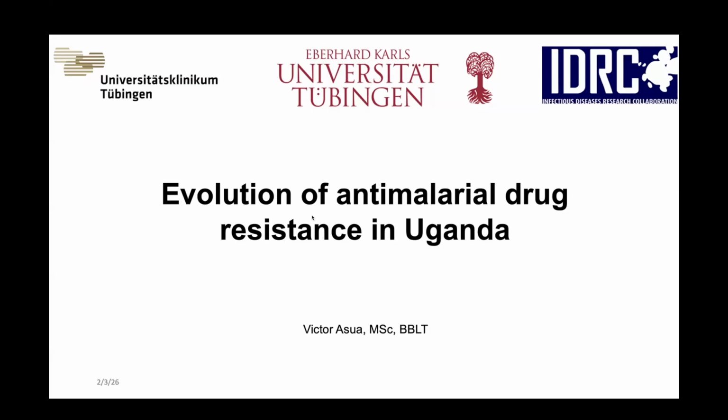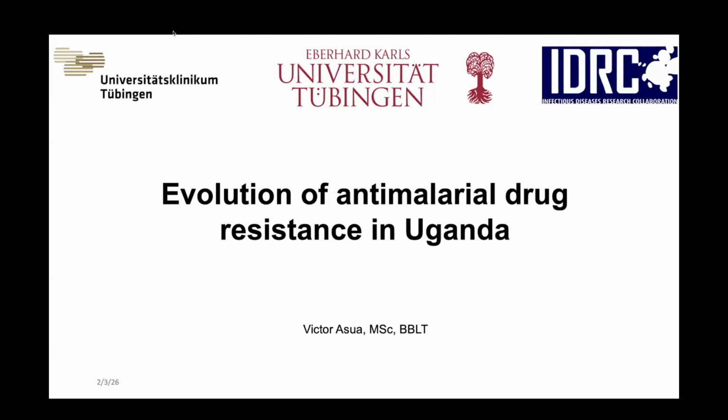Altogether, what do you think is the public health importance of knowing whether this is independent or a single emergence? How does it help us to combat drug resistance, here partial artemisinin resistance?